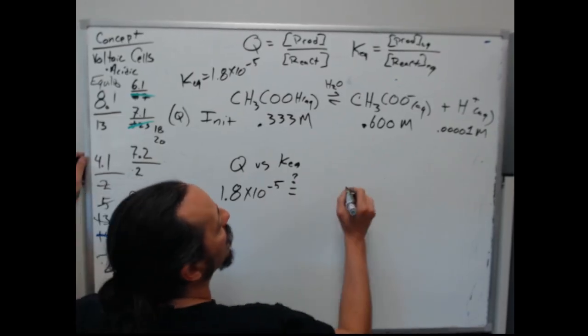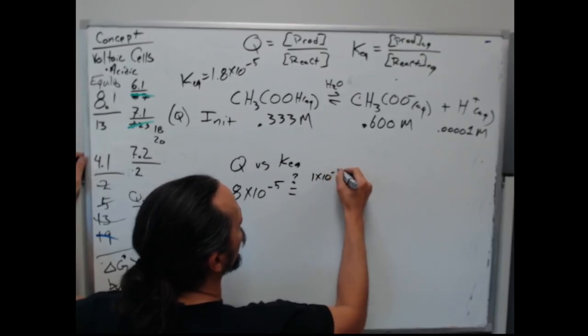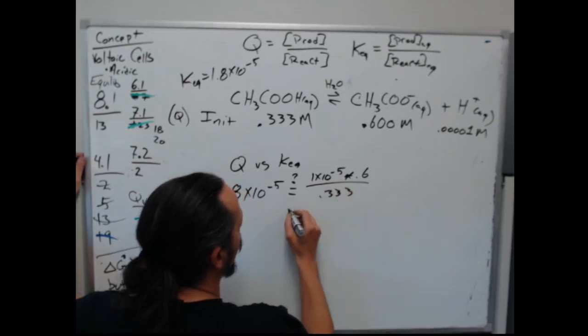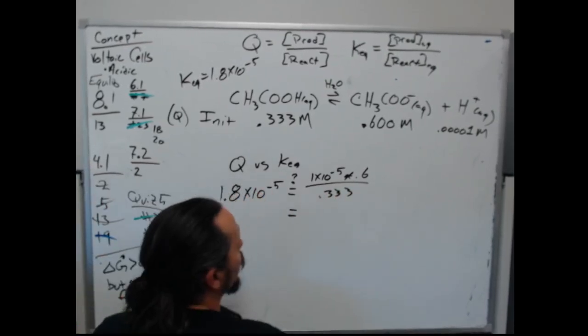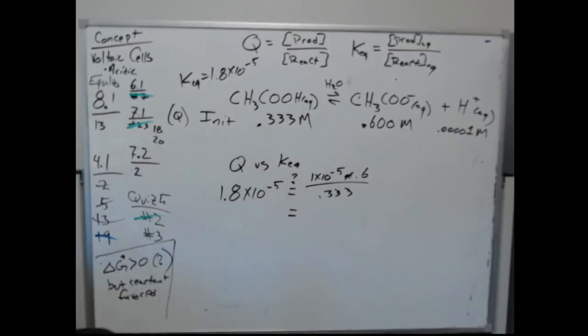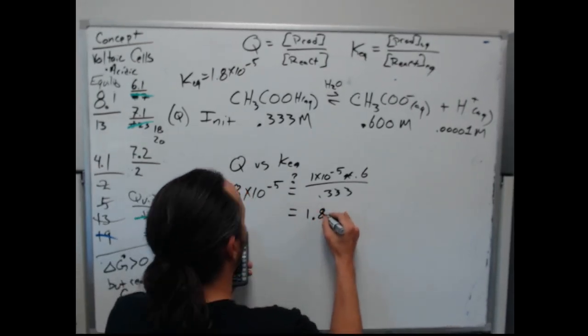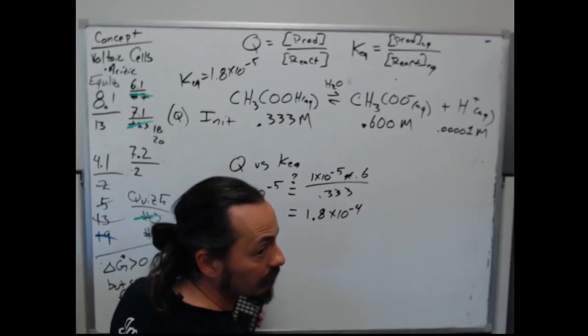I'm going to do 1 times 10 to the minus 5 times 0.6 divided by 0.333, which is 0.6 divided by 0.333 times 1e minus 5. I'm going to get 1.8 times 10 to the minus 4.